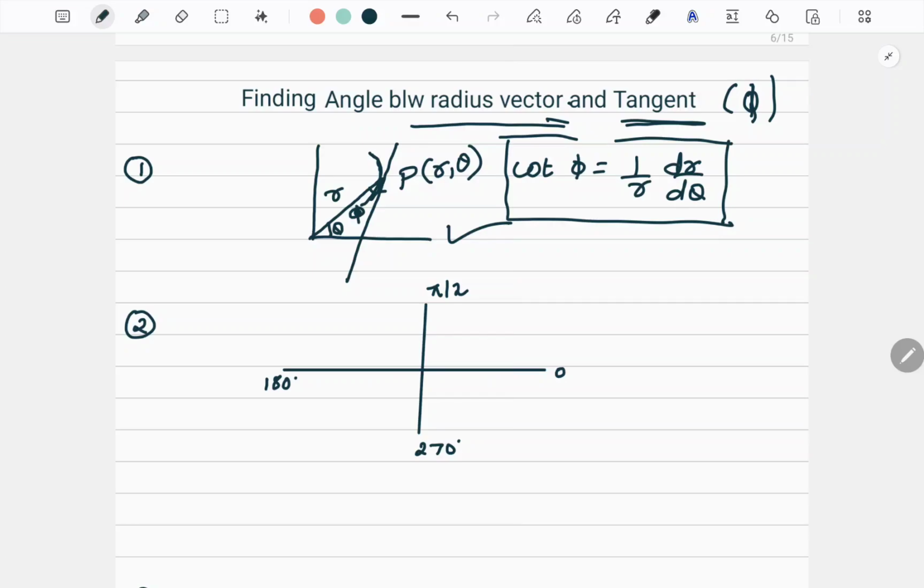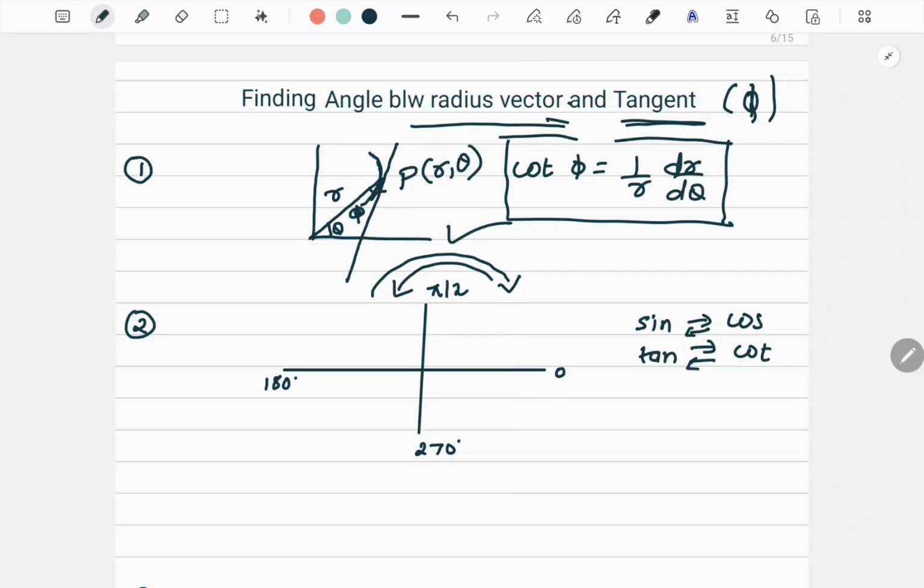Now you have to keep in mind one very simple thing. Whenever you cross the vertical line, this way or this way, the trigonometric function changes its nature: sine becomes cos and cos becomes sine, tan becomes cot and cot becomes tan. Correct?